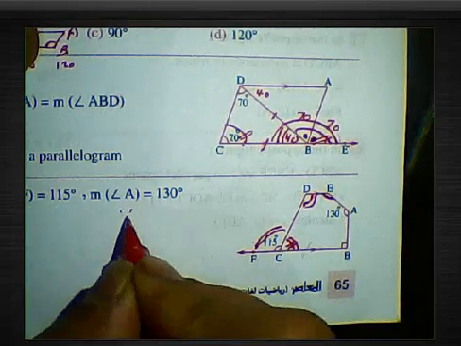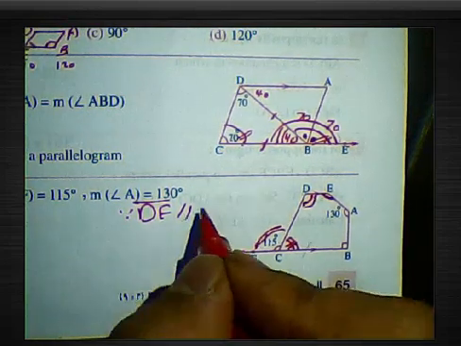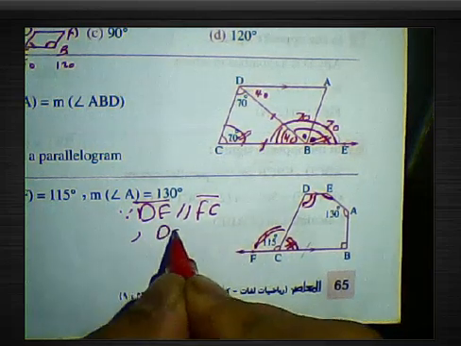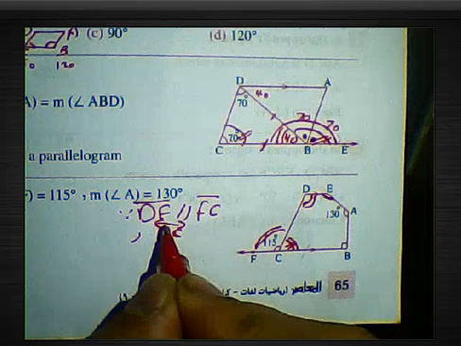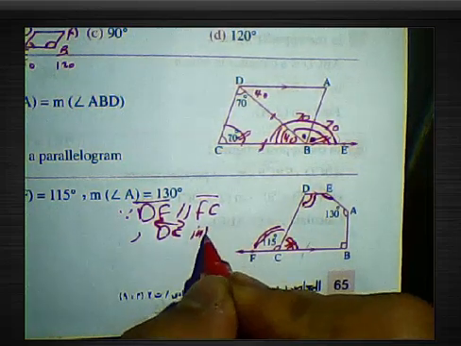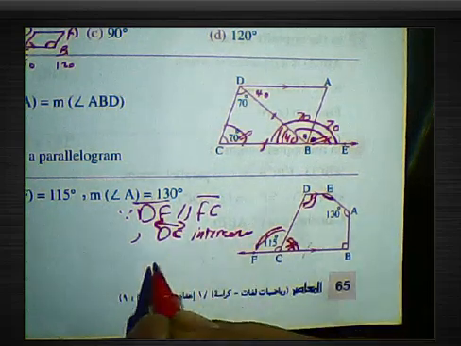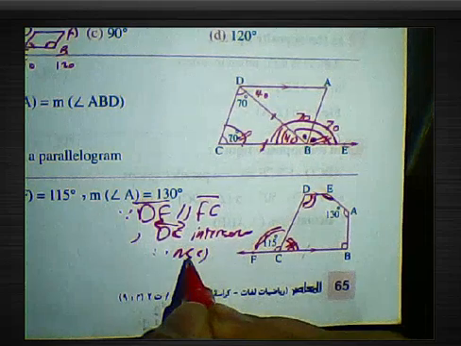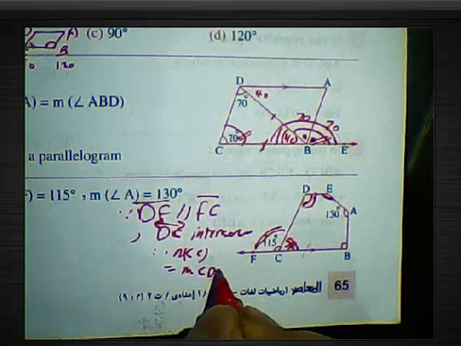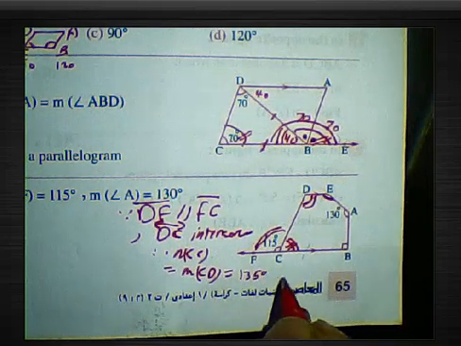Such that DE is parallel to FC and DC intersects them. Observe them. The measure of angle C equals the measure of angle D, alternate angles.